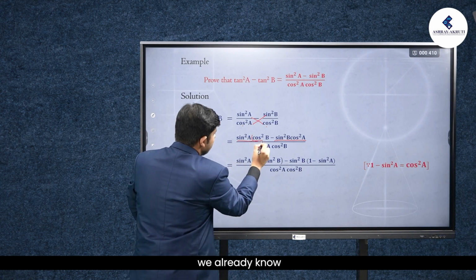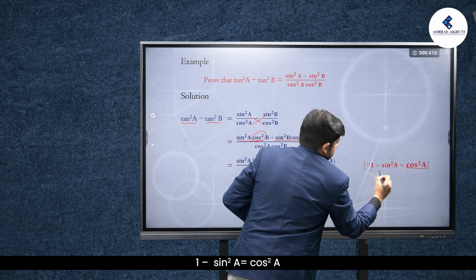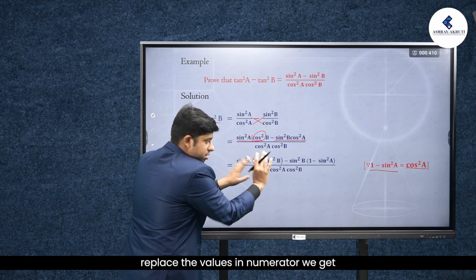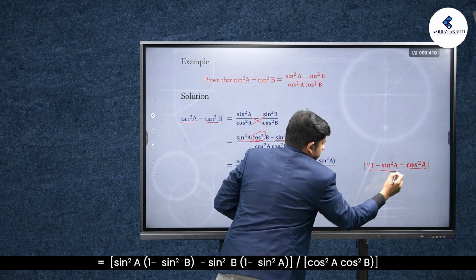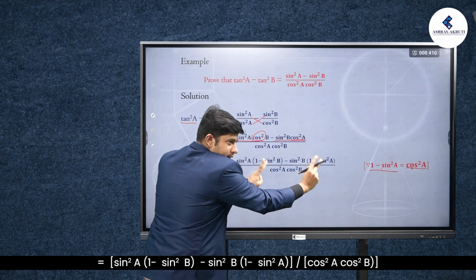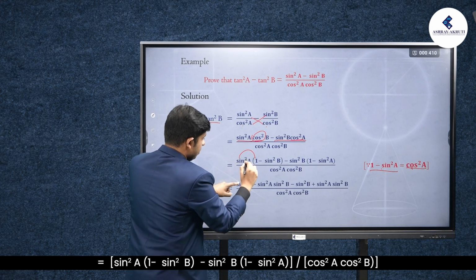We already know 1 minus sin square A is equal to cos square A. Replace the values in the numerator. We get (sin square A into (1 minus sin square B) minus sin square B into (1 minus sin square A)) by (cos square A into cos square B).